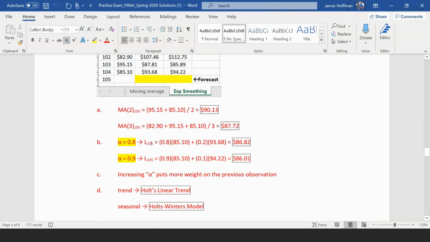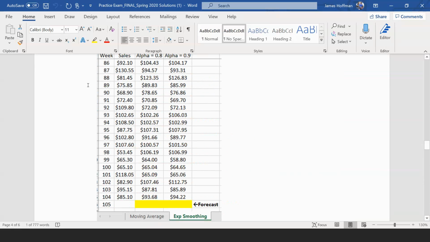It's alpha, which is 0.8, times the last observation. In week 104, the sales was 8510.